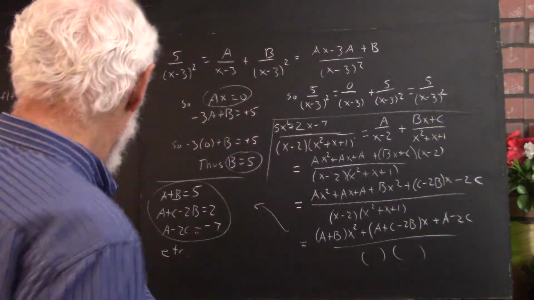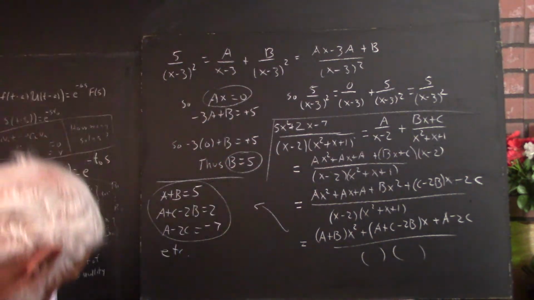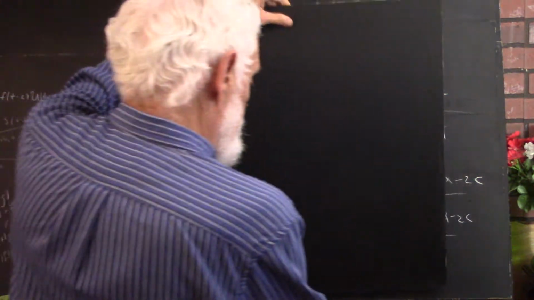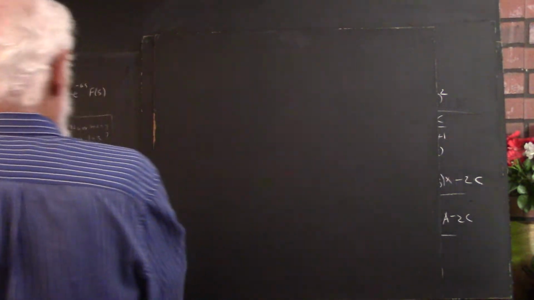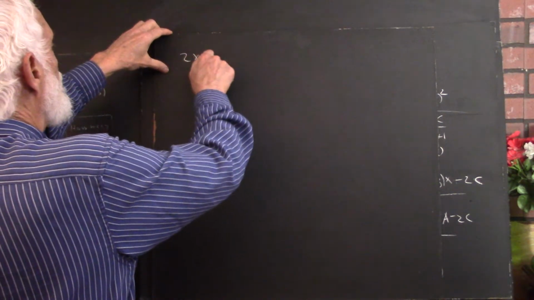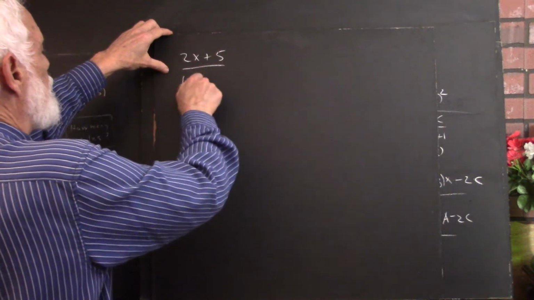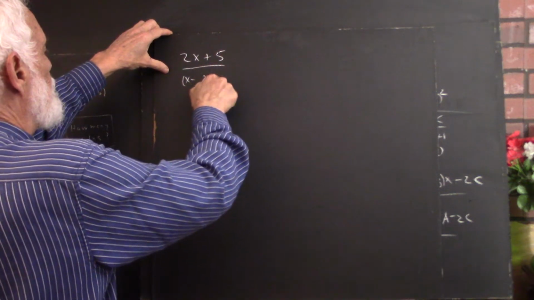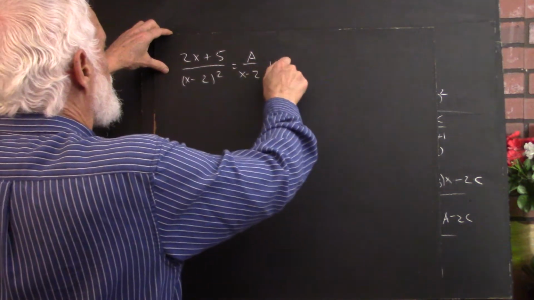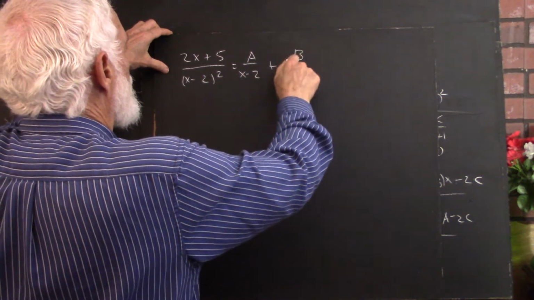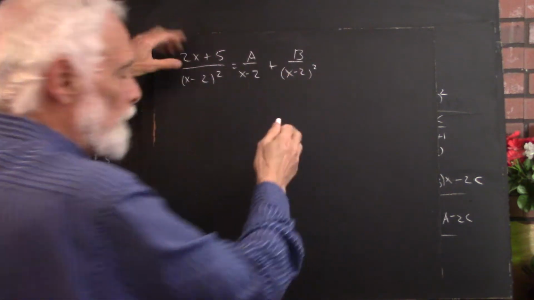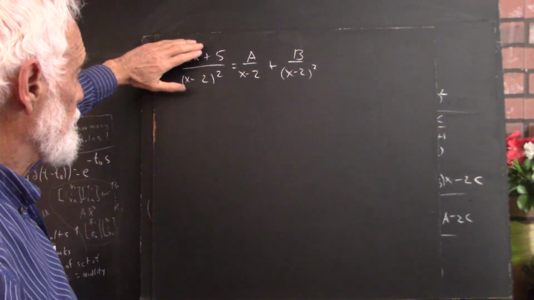And I had an example here. I guess I'd better do it real quickly. By contrast, if we had 2x plus 5 over (x minus 2) quantity squared, then we would need to do what we started to do when we just had the 5.